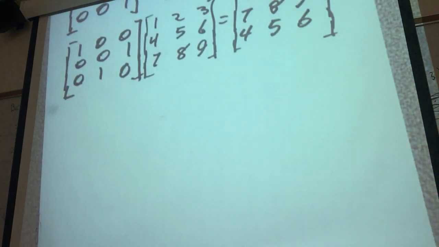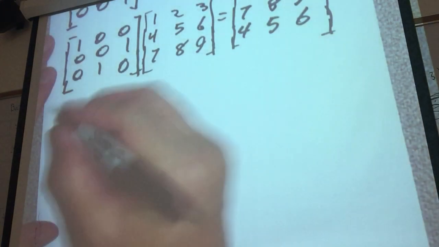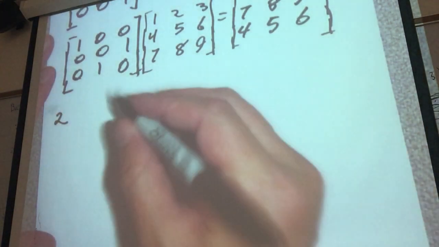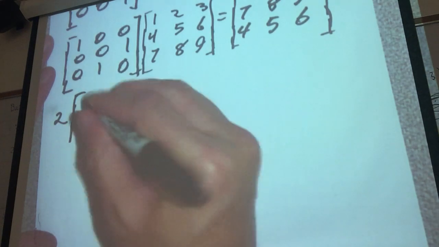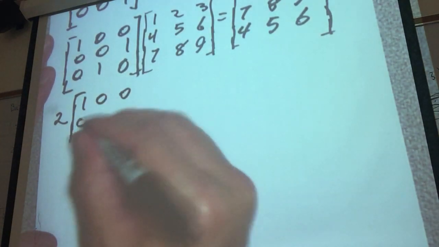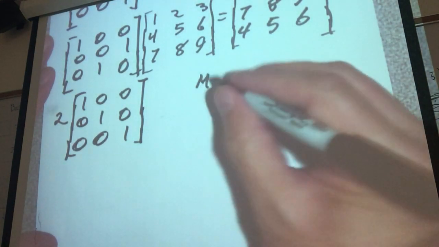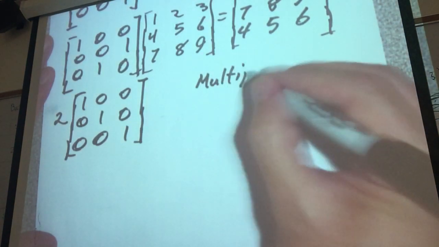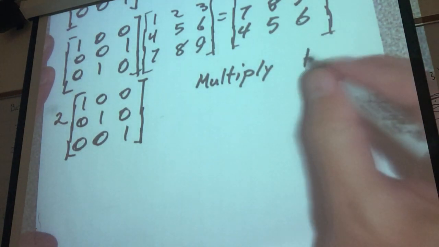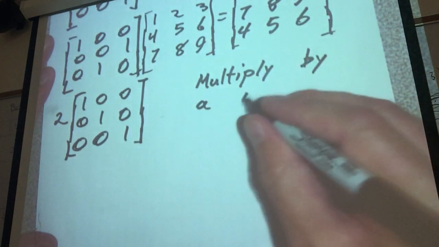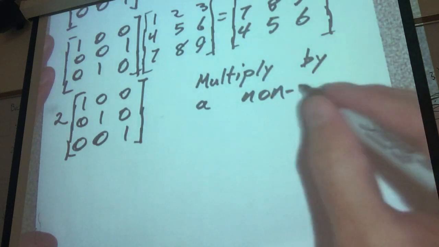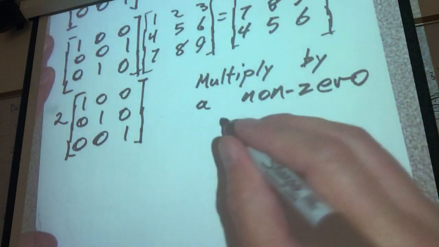Now, the second one says that I can multiply by a number. So let's take our identity matrix: 1, 0, 0, 0, 1, 0, then 0, 0, 1. And we can multiply a non-zero constant.